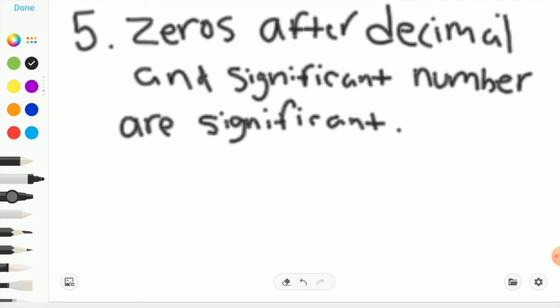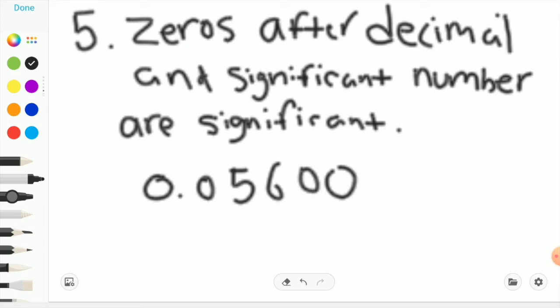So, for example, if you had 0.056600, I'm literally using the same numbers over and over again. First of all, like we said, these are leading zeros, so they do not count. And these ones, because they're after the decimal and after a number that is significant, are significant. So 1, 2, 3, 4.